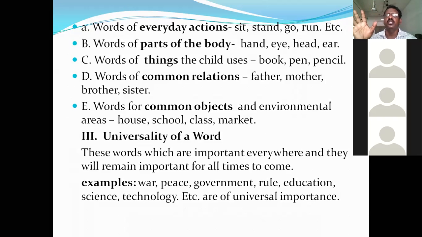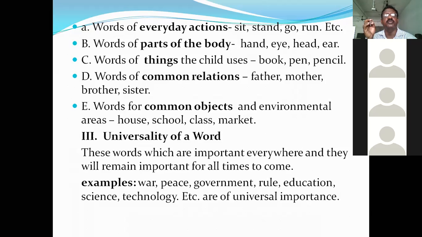We have five fingers in each hand, and in the leg also we have fingers. And see the parts of the body: chest, chin, nose, mouth. In this way, we can identify the body parts, and these are the content words.